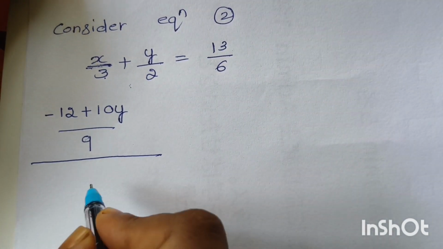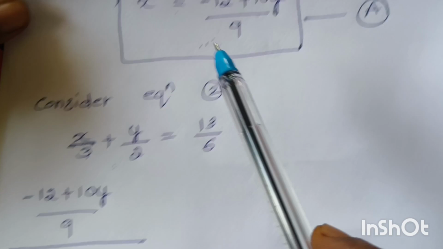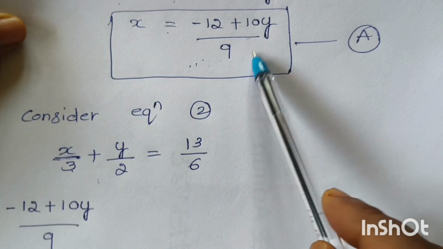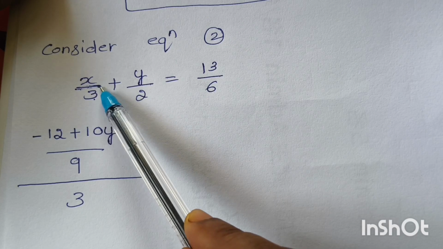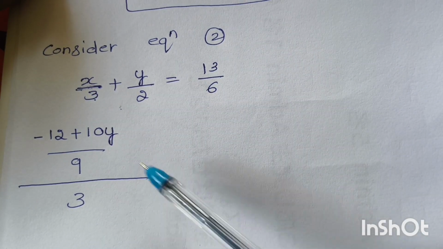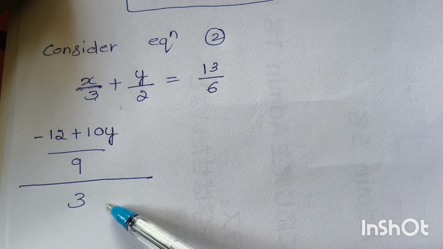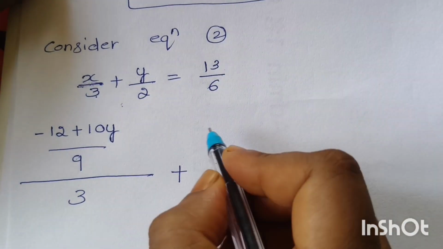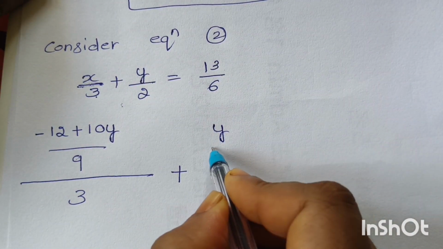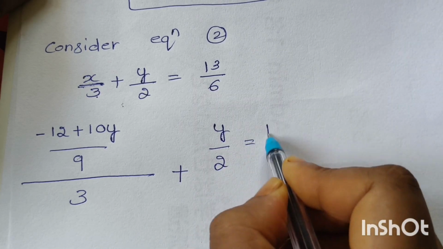Okay, whole divided by 3. The value of x we have substituted in the place of x, and for this division we have written division symbol, and for this 3 we have written 3, plus y by 2 is equal to 13 by 6.